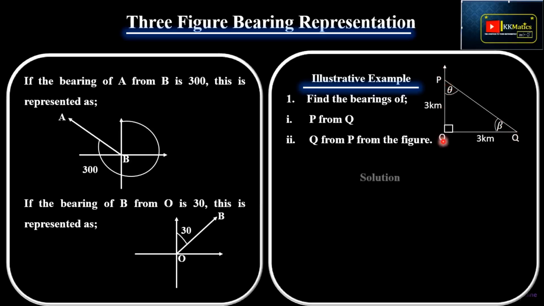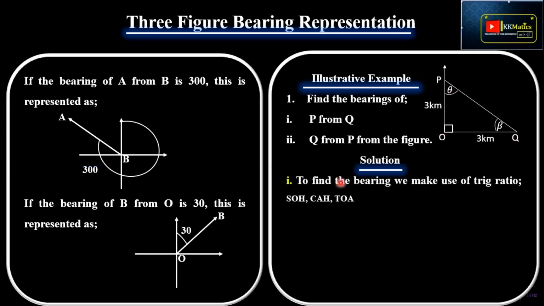To determine that, we use the trig ratio SOHCAHTOA, and with this we'll have to use tan. TOA means opposite over adjacent, so tan beta equals length OQ divided by length OP, which equals 3 divided by 3. We find the inverse tan of 1, giving us 45.